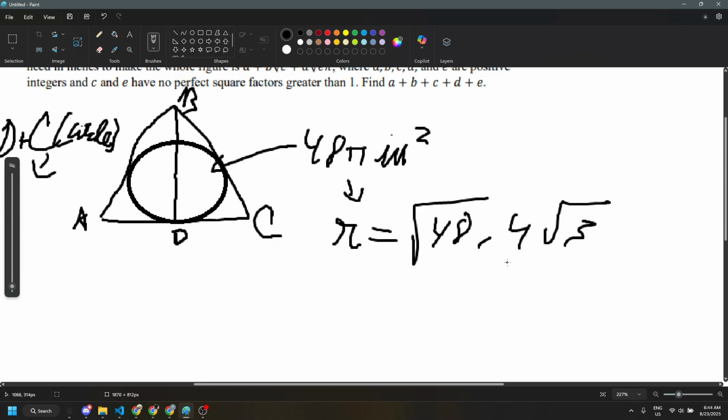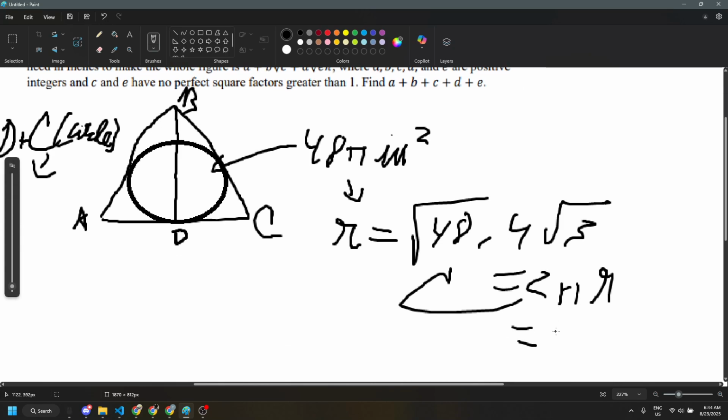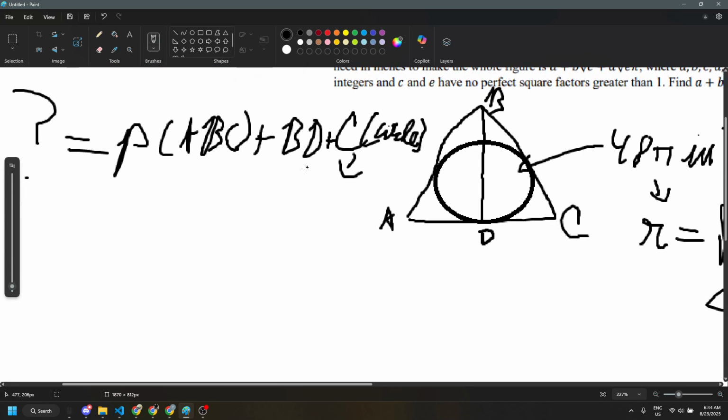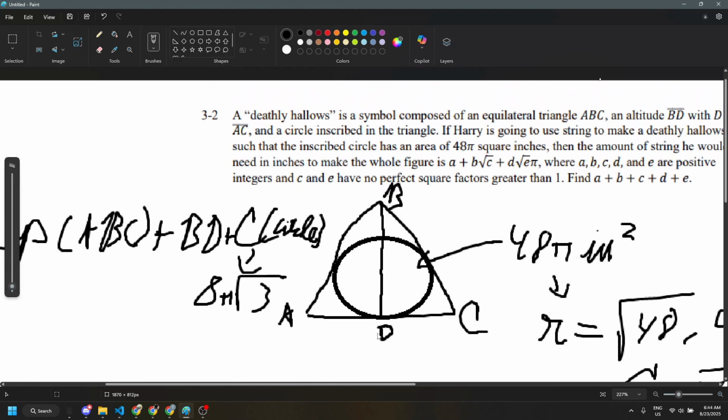And the circumference of the circle is equal to 2 pi r, which is equal to 8 pi root 3. Okay. So now we have the radius.